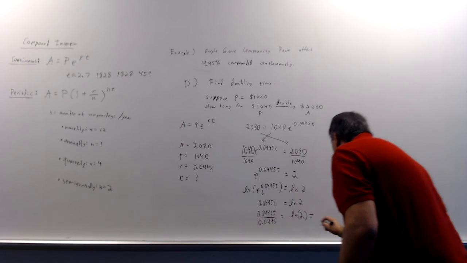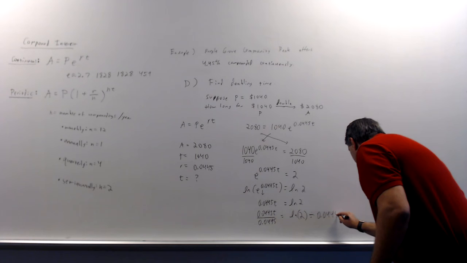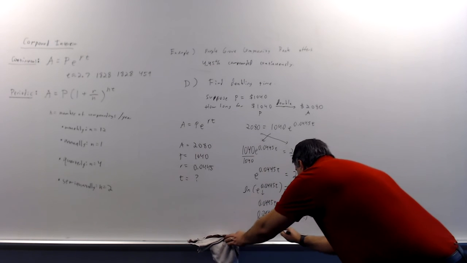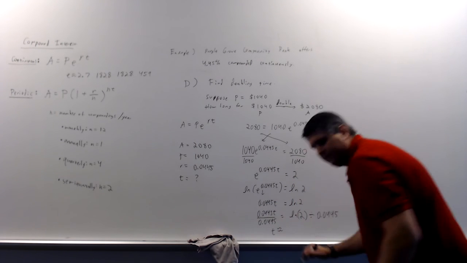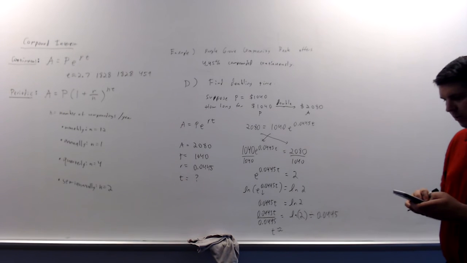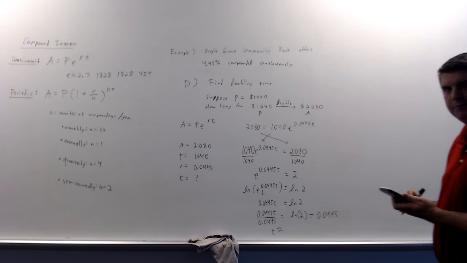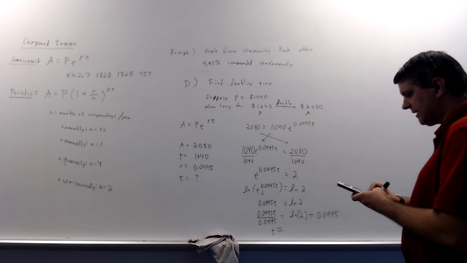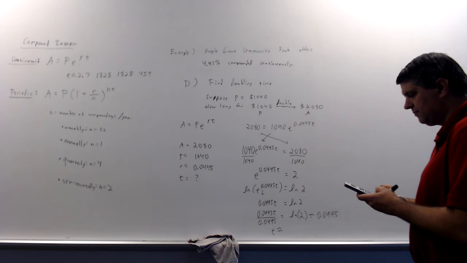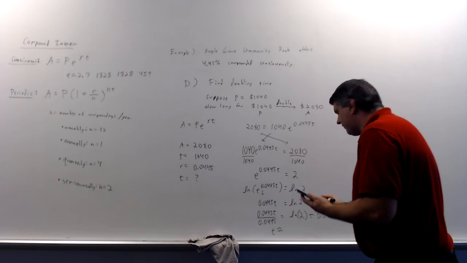Might want to put that in parentheses to be on the safe side. And t is approximately, so natural log of 2, hit enter or equal, I'm looking at 0.6931471, and so on. Then divide off the 0.0445. I'm looking at approximately 15.58 years.